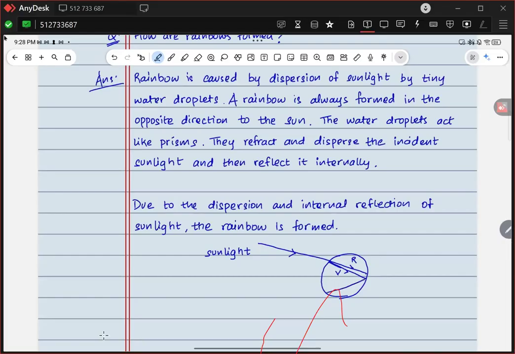Okay, and then they again refract. So this forms the rainbow. This band will form the rainbow.